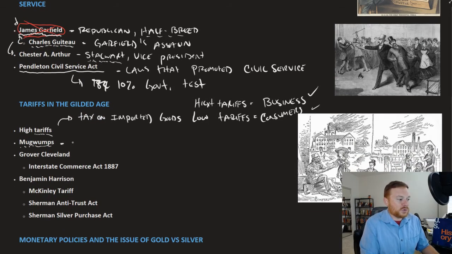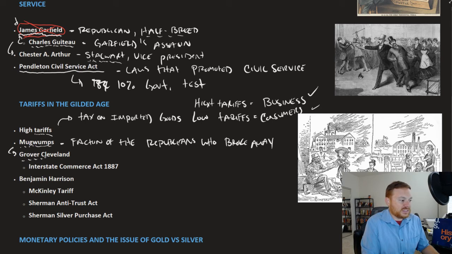The mugwumps were a faction of the Republicans who broke away and eventually supported the presidency of Grover Cleveland, who became the first Democratic president since the Civil War.